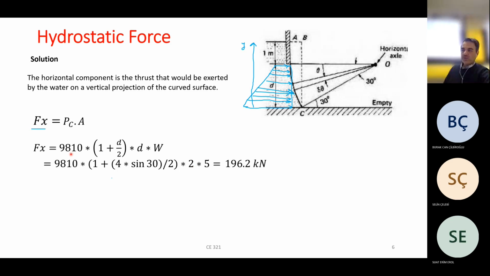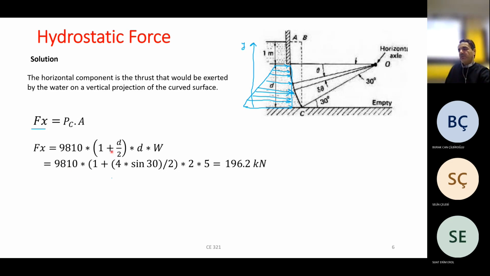So pressure equals gamma times hc. The centroid depth hc is half of this depth, or half of D, plus 1, because we have 1 meter above the D. And area again would be D, this line, because we are thinking about this projected surface, times the width of the gate, which is perpendicular to your screen.